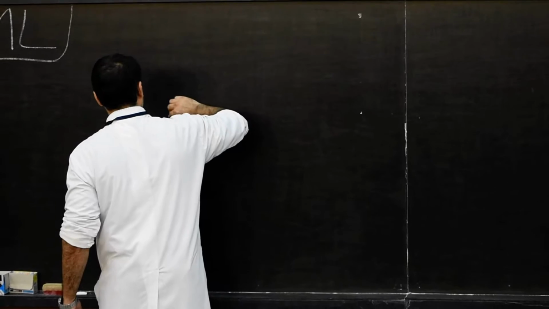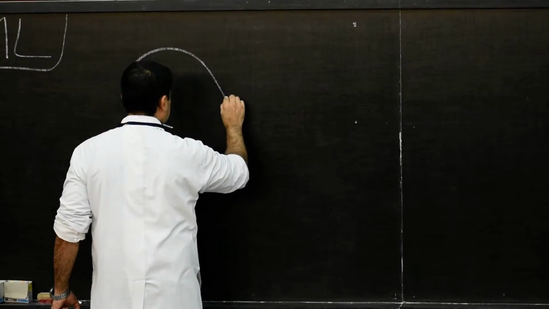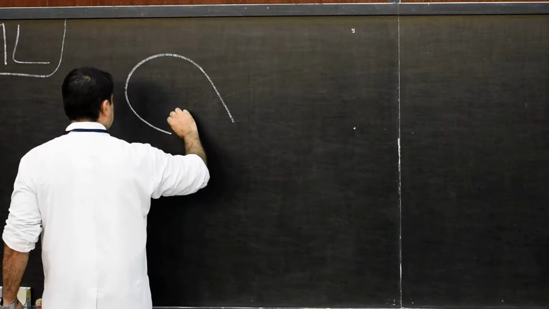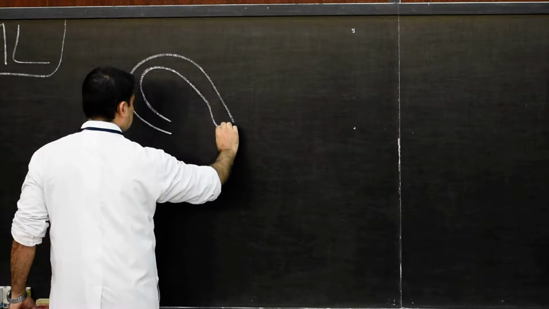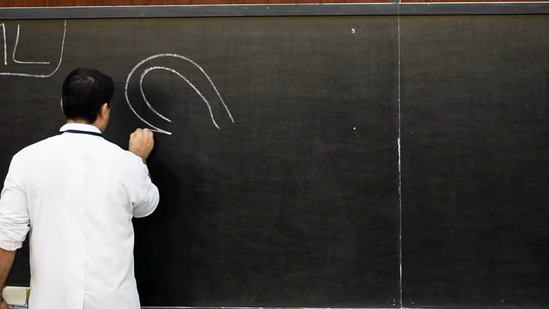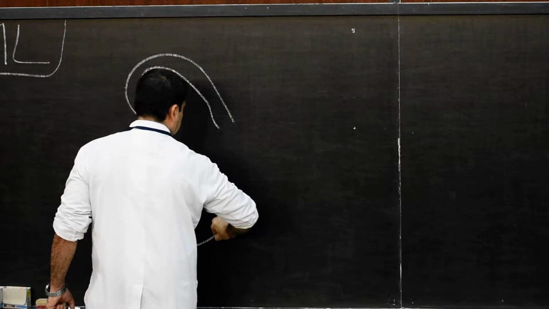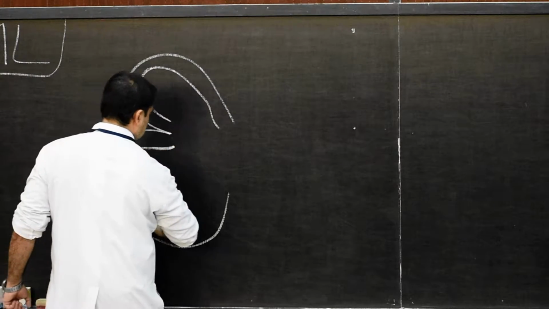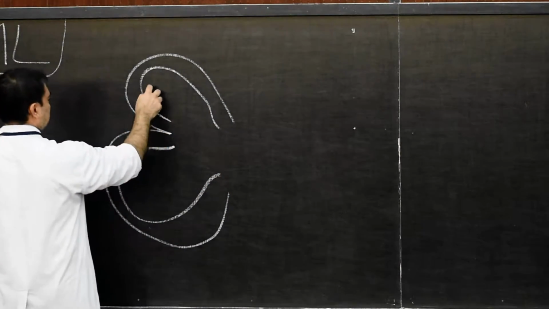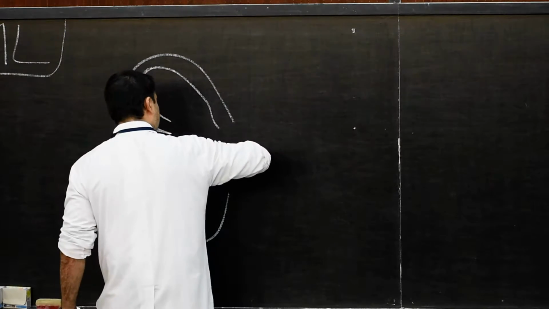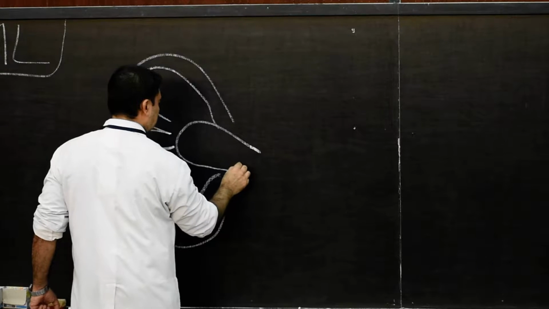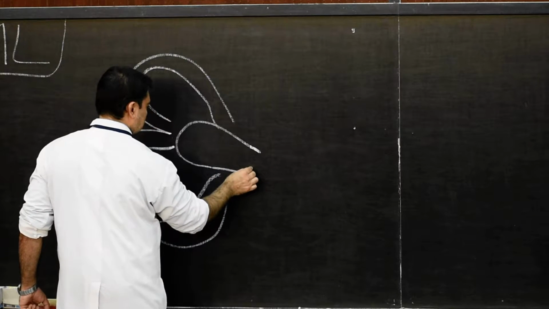Let us first draw this as the anterior semicircular duct, and this anterior semicircular duct will have a common opening with the posterior semicircular duct. So therefore anterior, posterior, and then we show here the lateral semicircular duct.